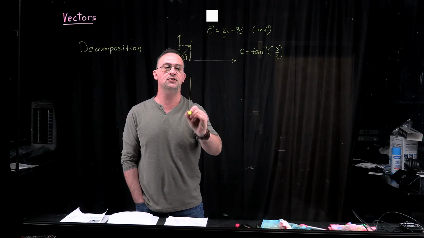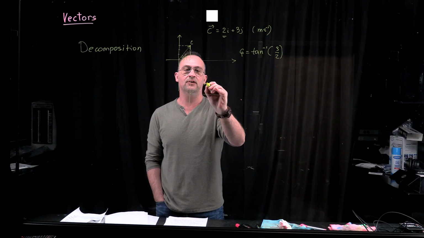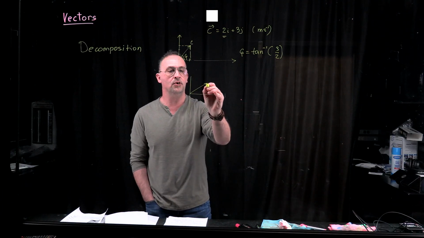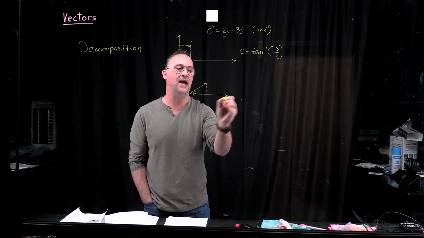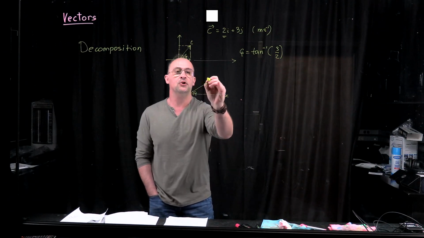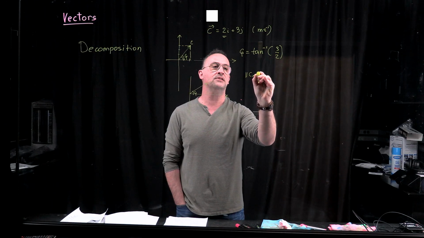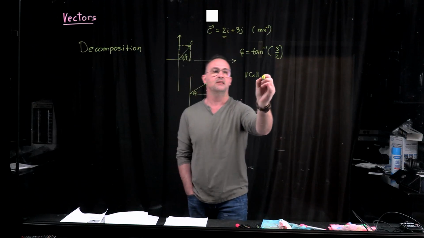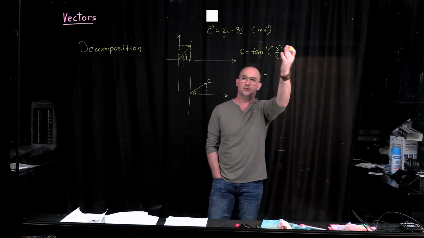What if we started backwards and said, now I have this vector, which is the same, C, and I'm going to project this vector on the x-axis. So I'm going to have a so-called C sub x, which we know for a fact is 2, the magnitude along my x direction, 2 meters per second.